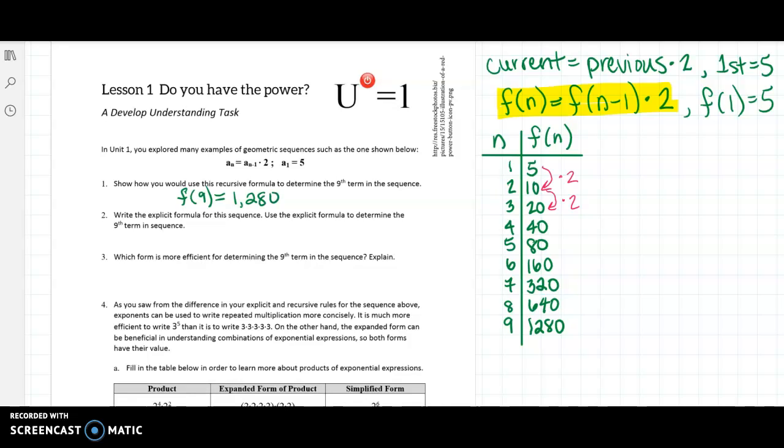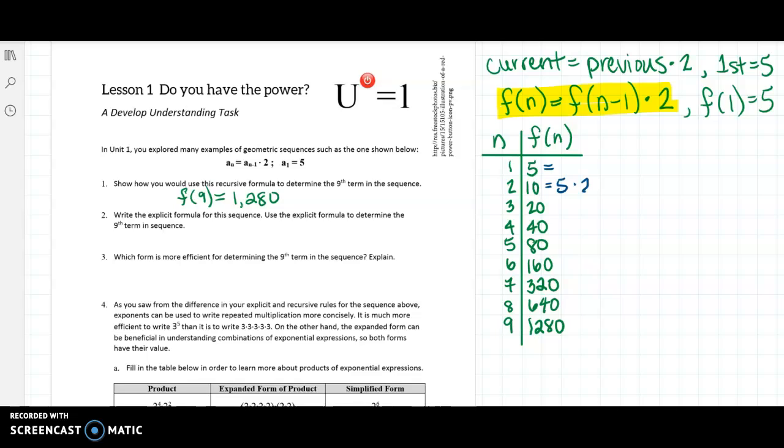Now we're asked to write the explicit formula. If we look at our table and expand it, our explicit formula should contain the starting value and our rate. I'm going to start with 10.